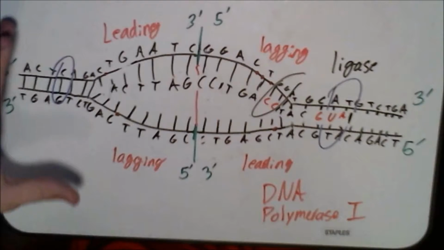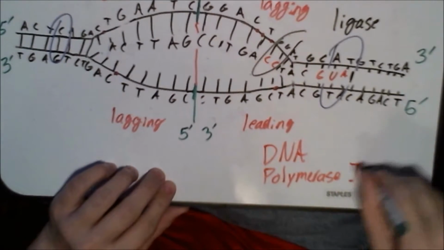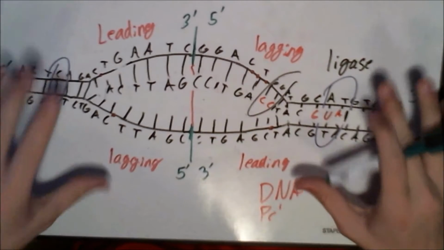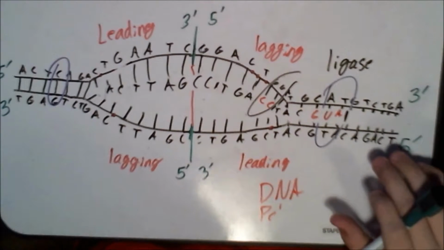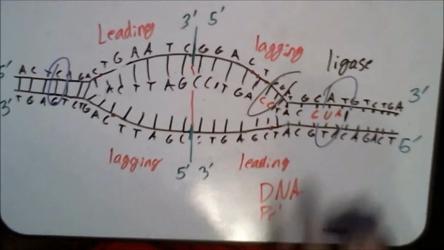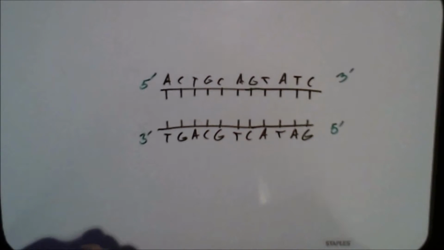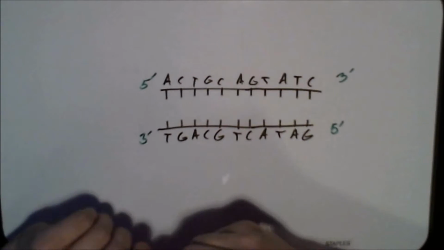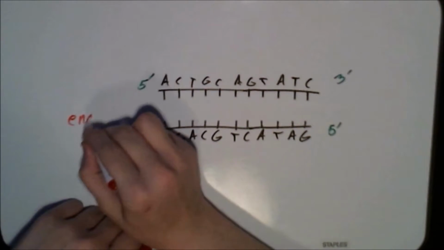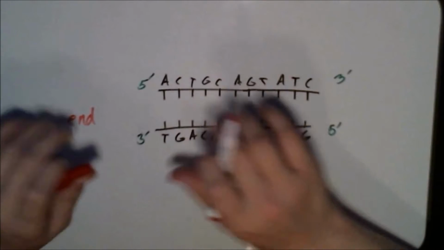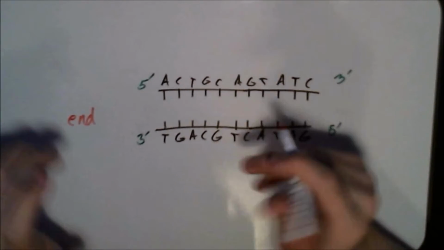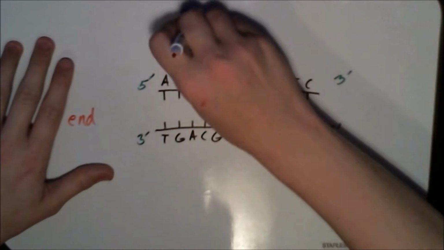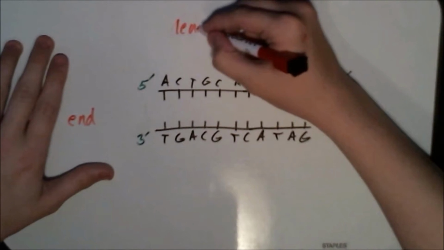Now, there is one other problem that we run into. Let me just cut to a quick erase of this, and I'll explain that when I get back. Okay guys, so I'm back with the fresh drawing here. Let's pretend that this is actually the end of the DNA strand. It cannot go any further. Now, if you're the leading strand, then you really don't have anything to worry about.